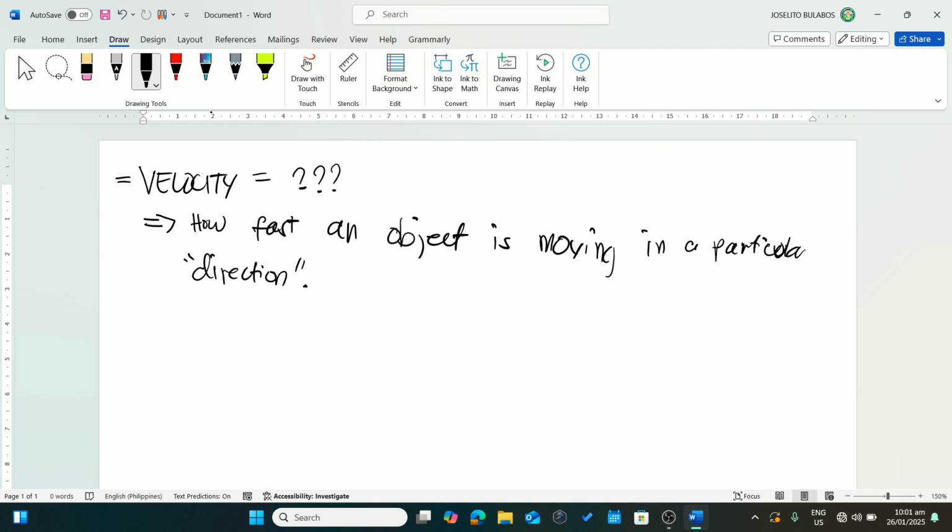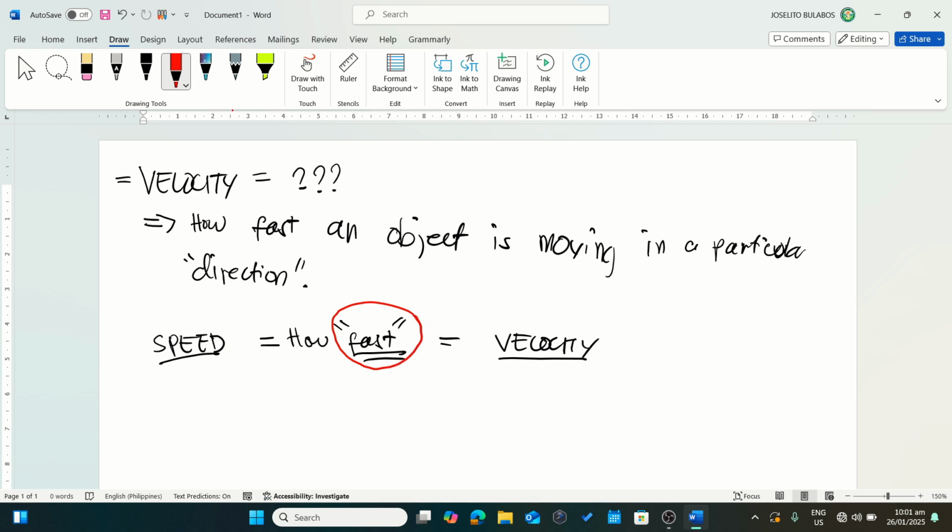Okay, so we should know that, just like speed, let's say this is our speed here, and this is our velocity. They both talk about how fast the object is moving. So these two terms, speed and velocity, actually talk about how fast the object is moving.